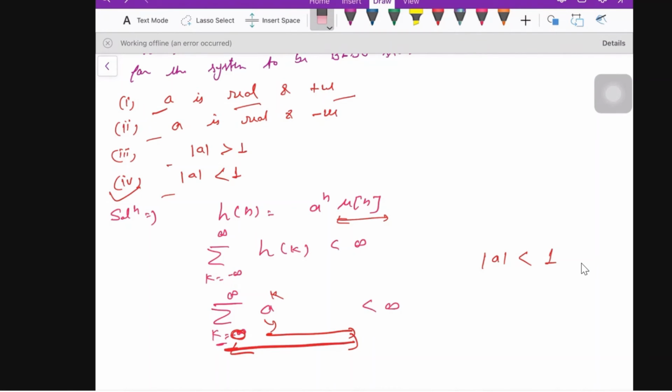So you know the infinite series, the GP series. So obviously you should put this value: mod a should be less than 1. Then in this case you will get a finite value for the system. Okay, anyway, so in this way you can find out the stability of the system.